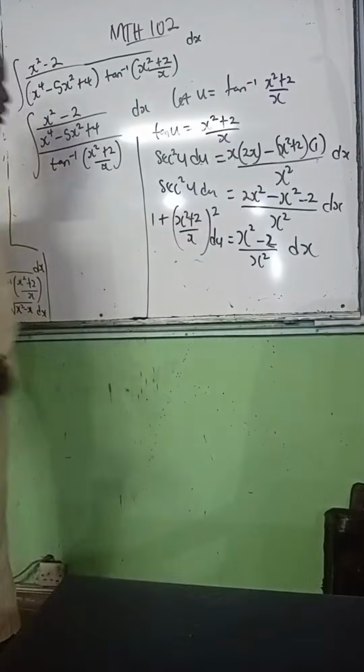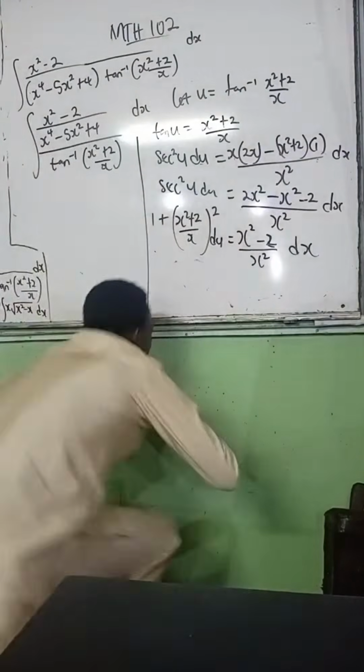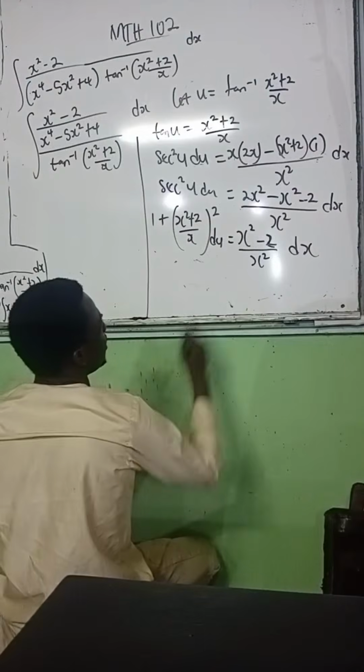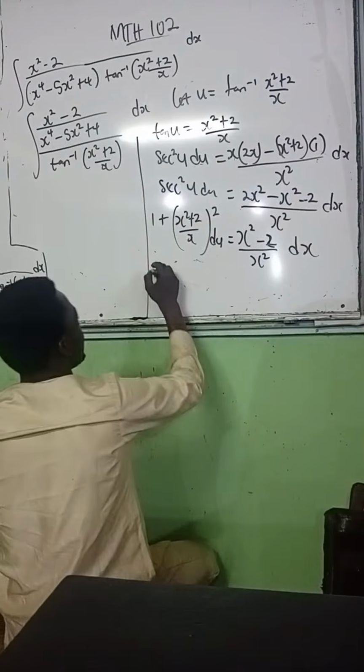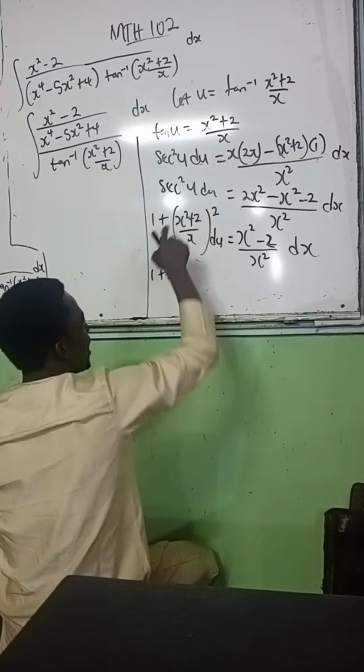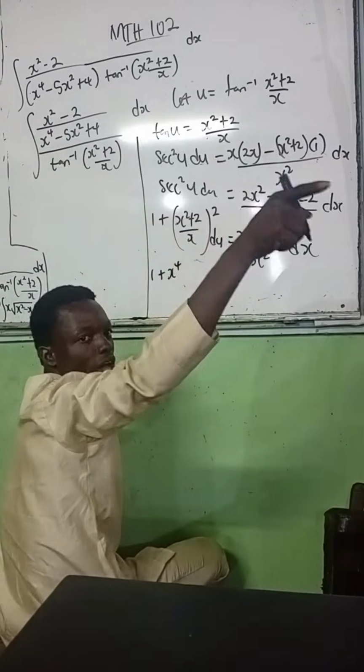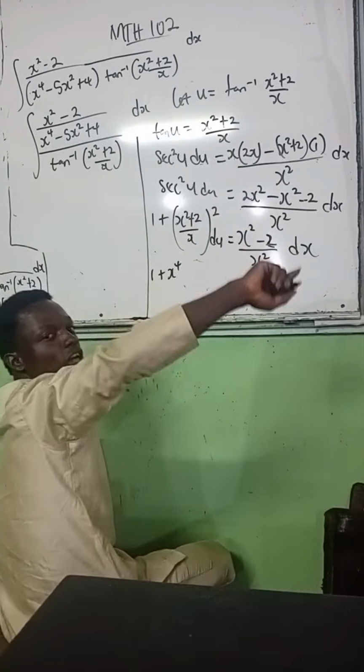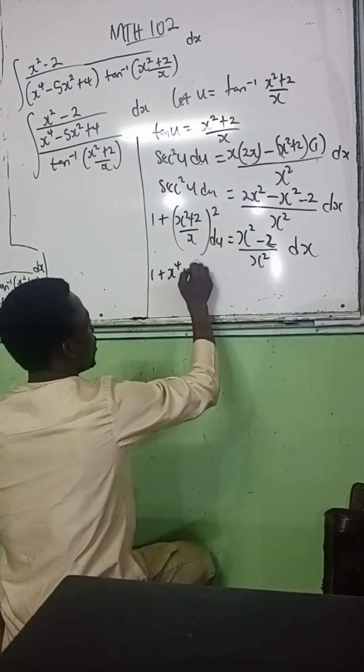Let's open this square. Here we have 1 plus x to the power 4, plus 2 times 2x squared, that is 4x squared, plus 4, all over x squared. Write it in your note.